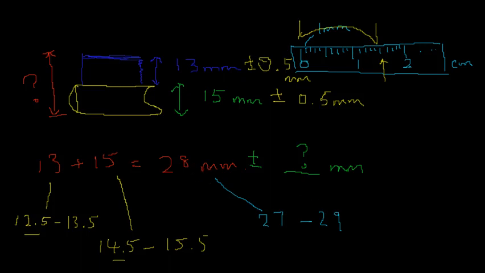So therefore, this number here must be 1 millimeter, so plus or minus 1 millimeter. Now this is a rather long way of doing it. We have to work this out, and then work out what this is and what that is.